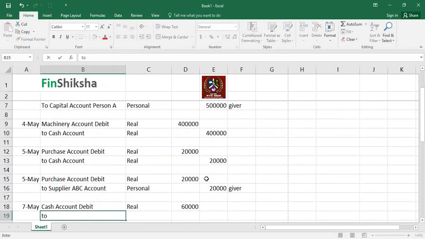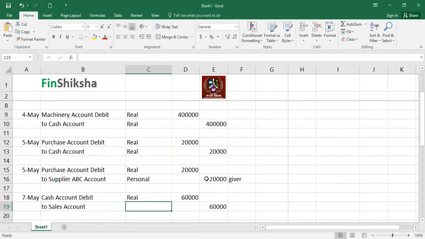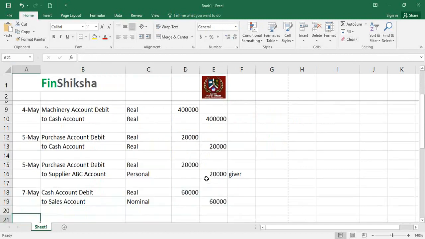And to sales account, now here there is a small interesting point. Sales account can be treated both as a real account, in which case what goes out, the goods that are there go out, those get credited. It can also be treated as nominal accounts where all expenses are debited and all sales and incomes are credited. So we're going to put it as nominal. 60,000 comes here.